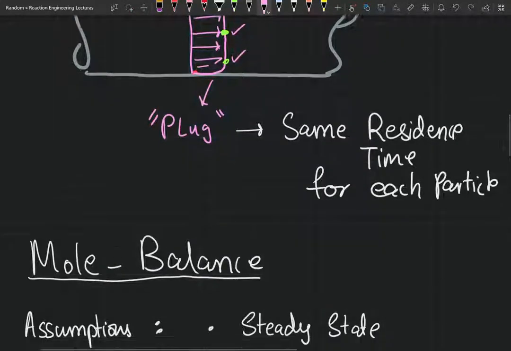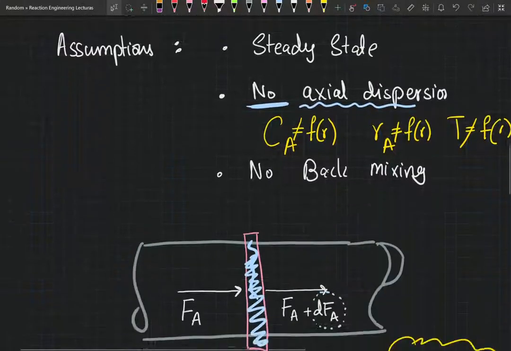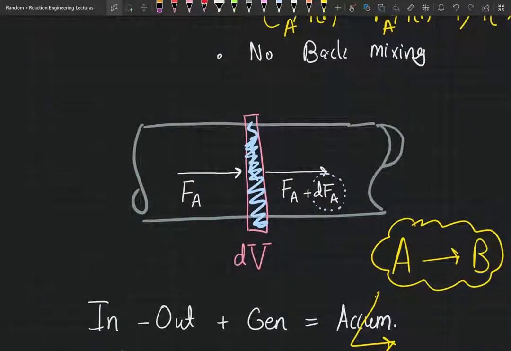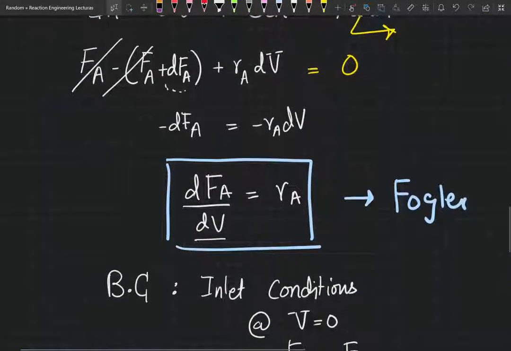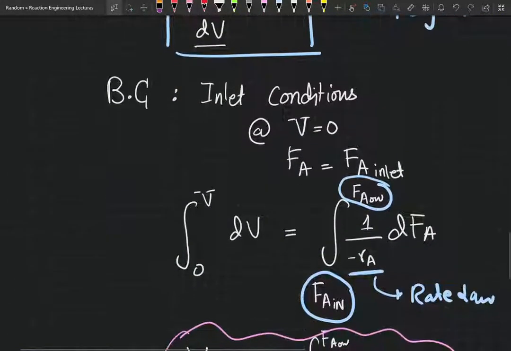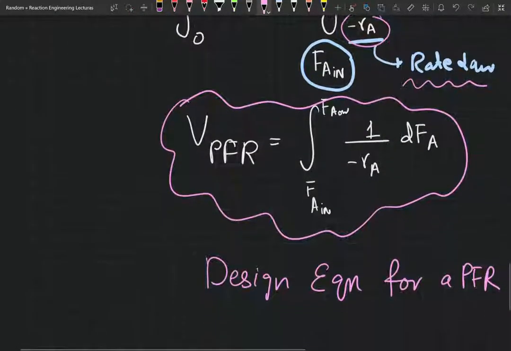Before we derived our mole balance, we listed our assumptions: steady state, no axial dispersion, no backmixing. Then, in minus out plus generation equals 0, and we got our differential equation. In order to integrate that, we need to know the rate expression. This is where the knowledge from kinetics comes in. And yeah, our design equation.